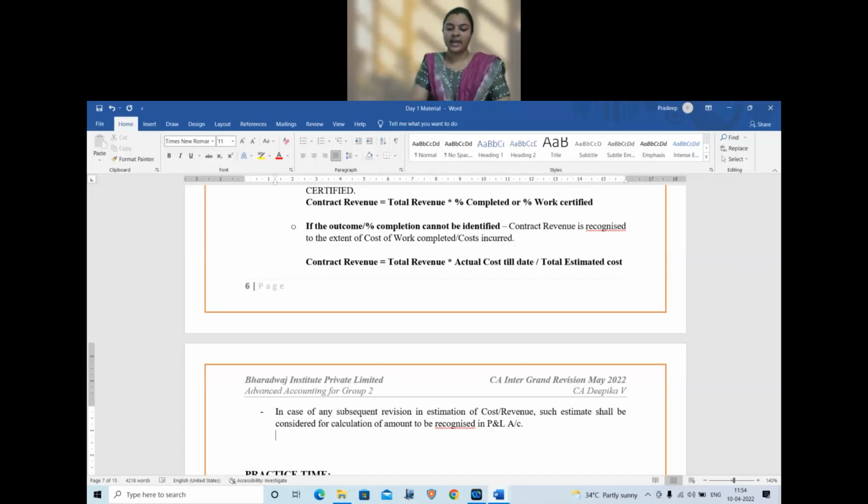So in case of revision of estimate, total revenue or total estimated cost will be revised. Whichever is applicable will be revised.